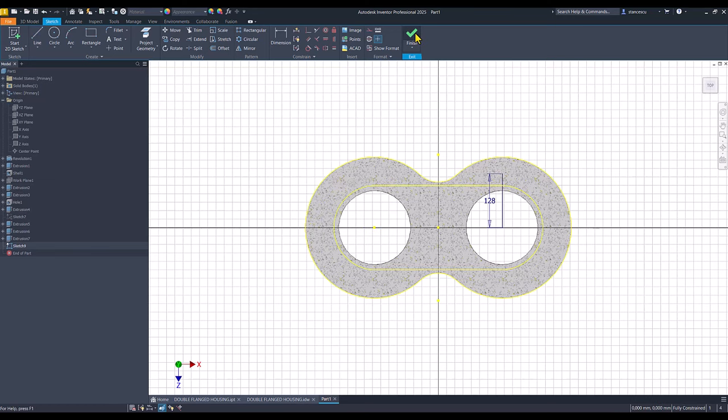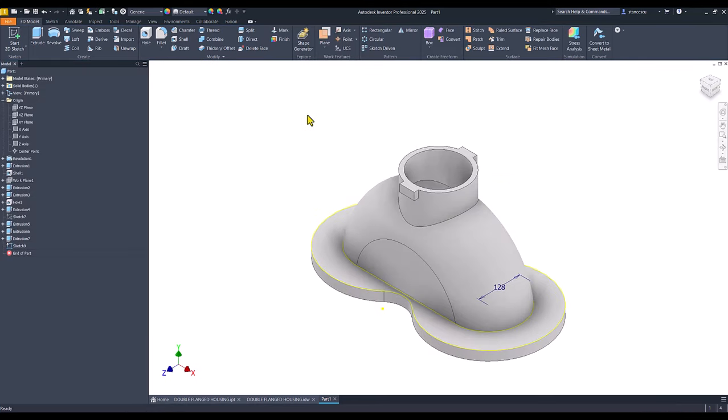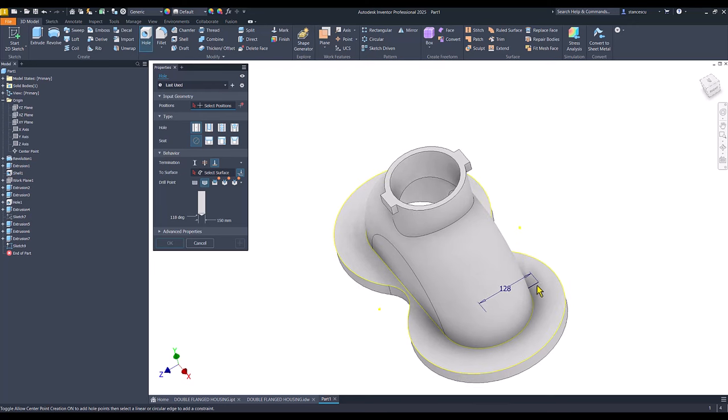Fully constrained sketch. Then I apply hole of this face and this center, the point. 22 is the diameter and the hole is through. Okay.